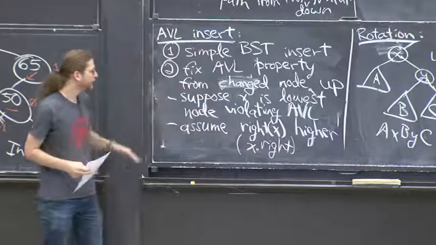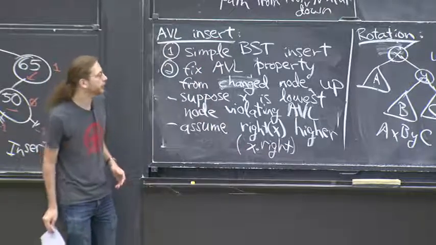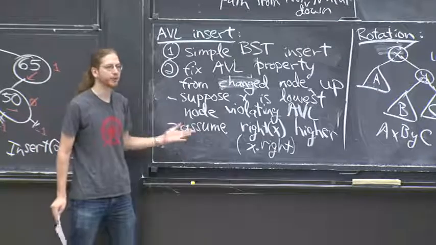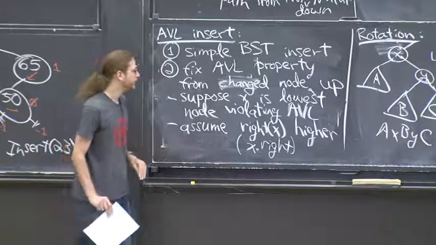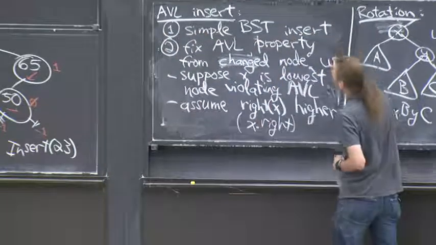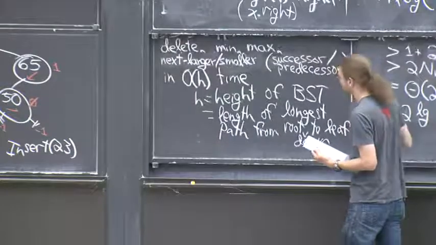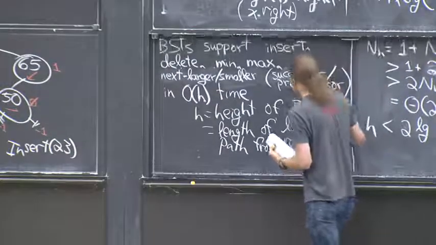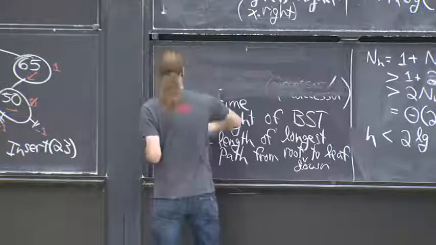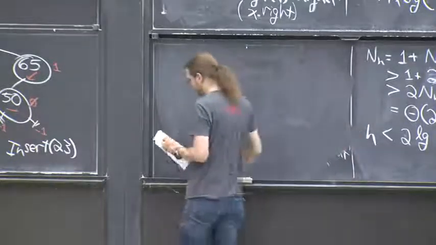OK, I'm going to assume that the right child is the heavier one, like we did before. Could be the left. It's symmetric. OK, it doesn't matter. So now there are 2 cases, like I said.